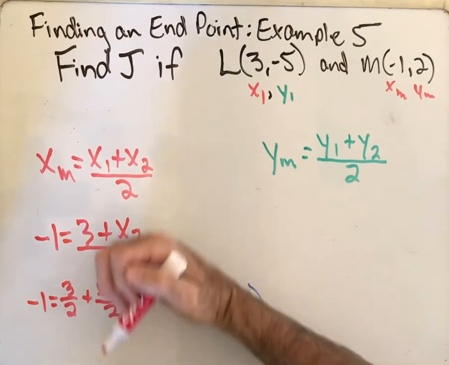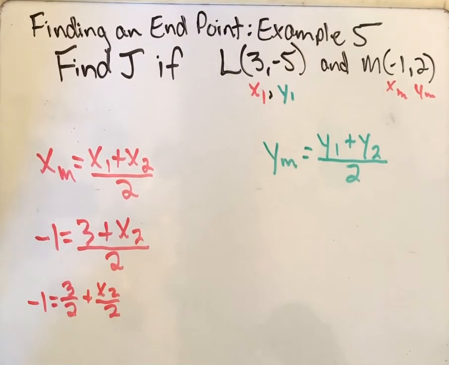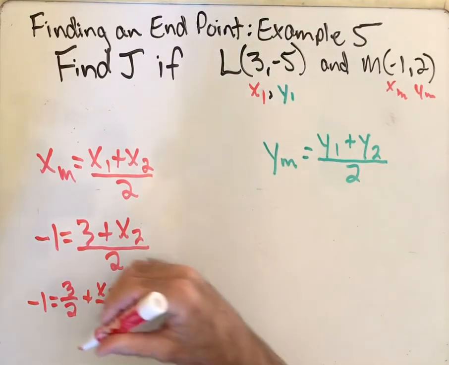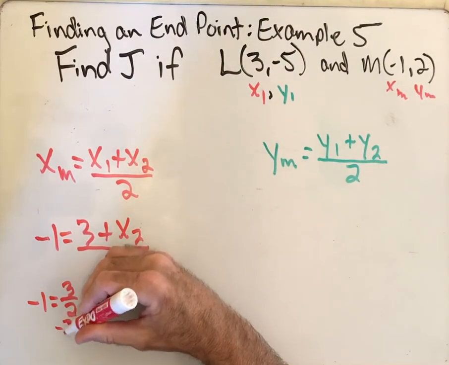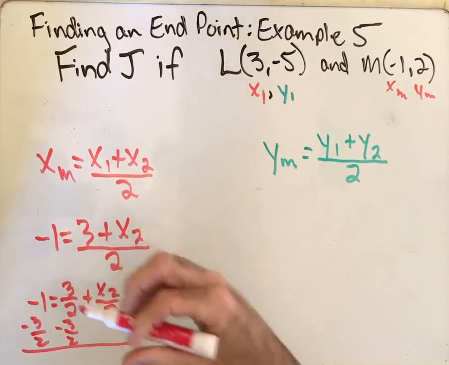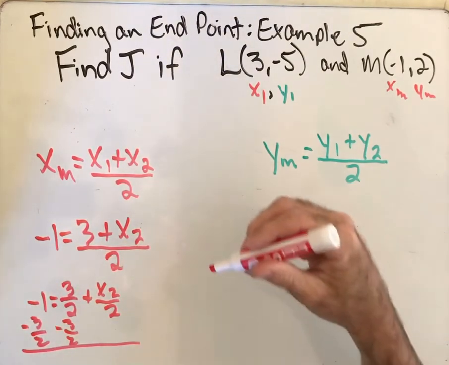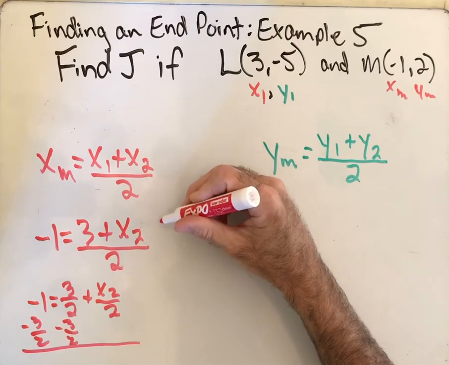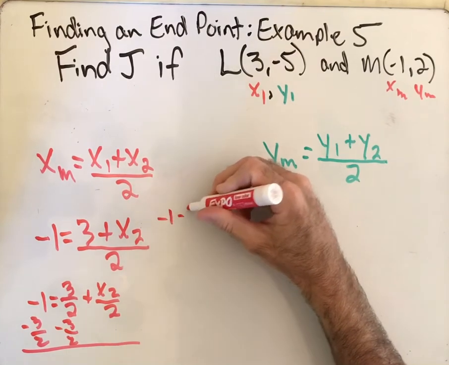I'm going to erase this because we're going to need that space. Now I've got to solve for x2. We're going to subtract 3/2 from both sides. So I have to do a little side math here: -1 minus 3/2.